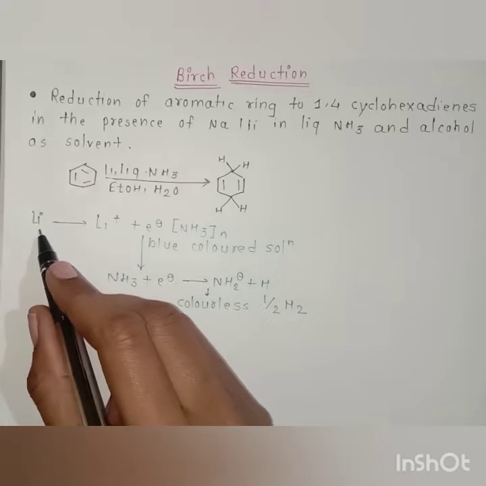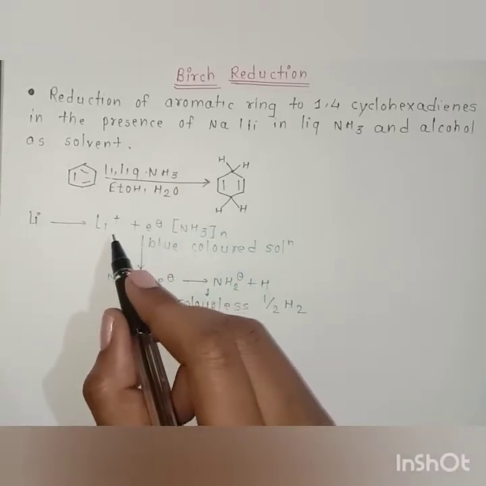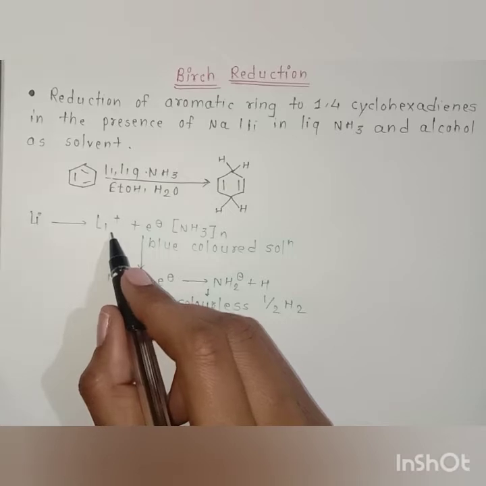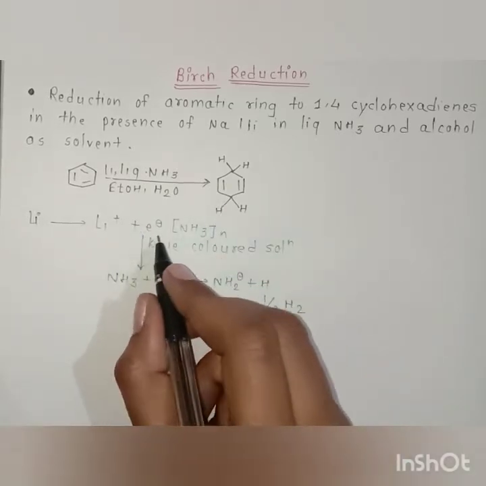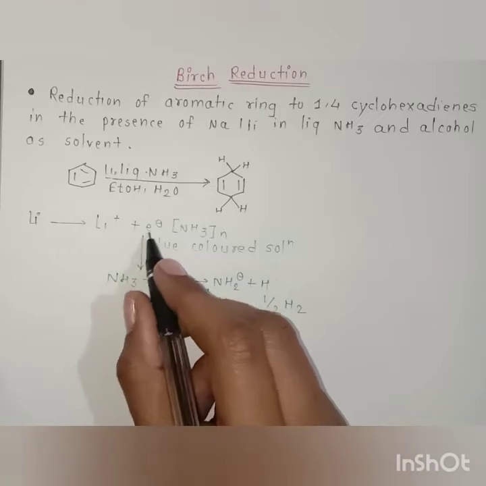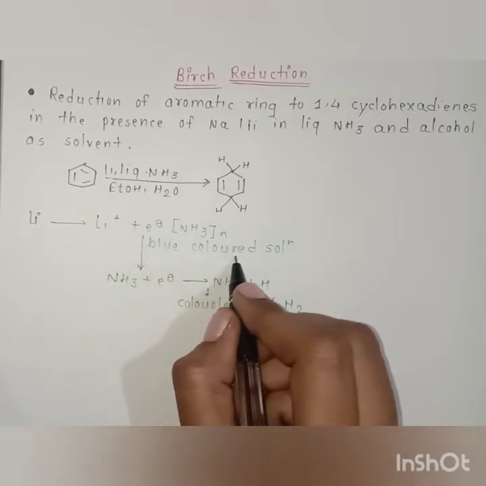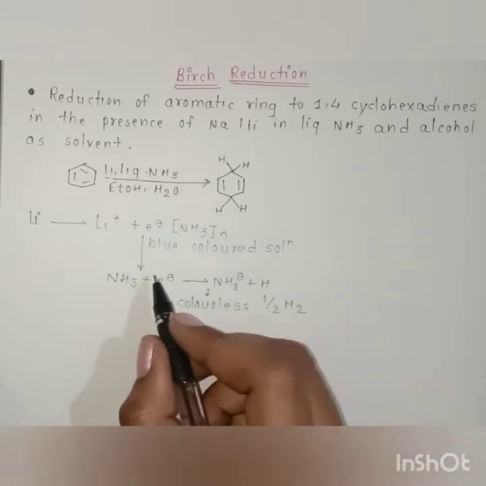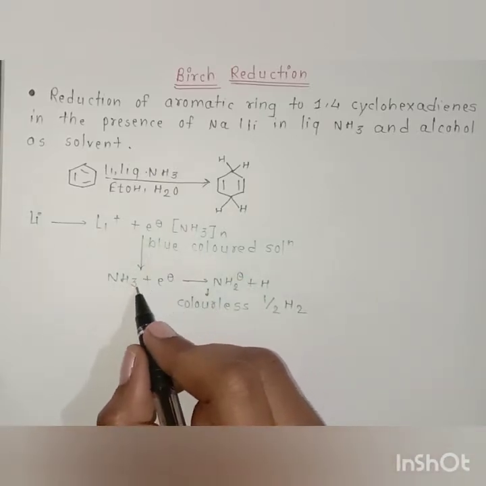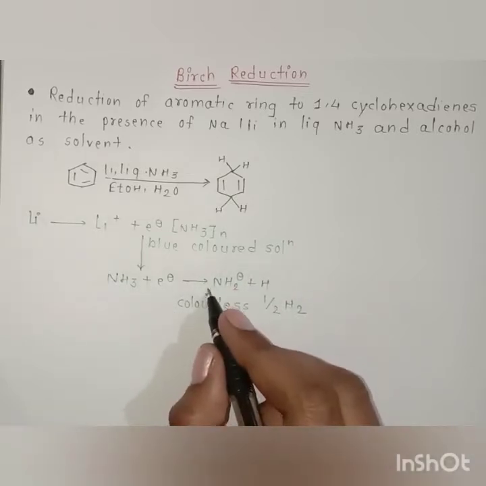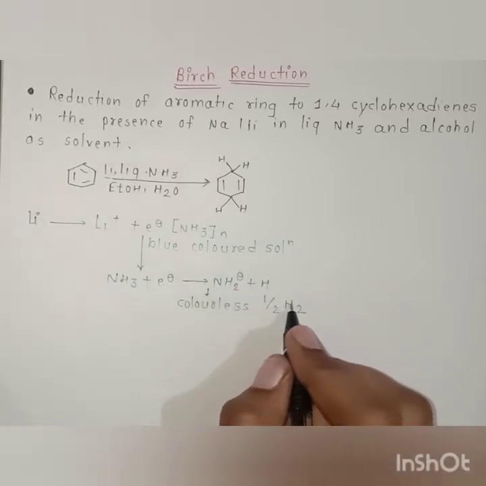The lithium donates an electron and it forms lithium positive plus electron. Now, due to this electron, the solution becomes blue in color, and in the next step, this electron again reduces the ammonia and it forms NH2 minus and half of the H2.